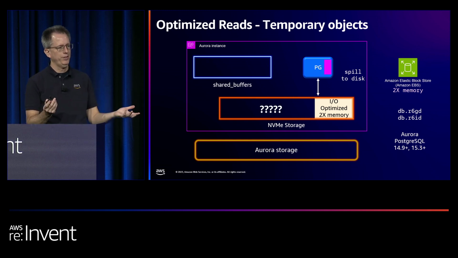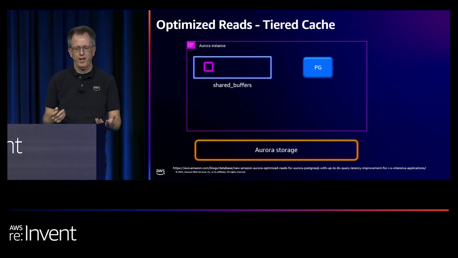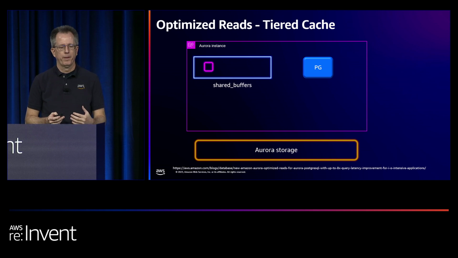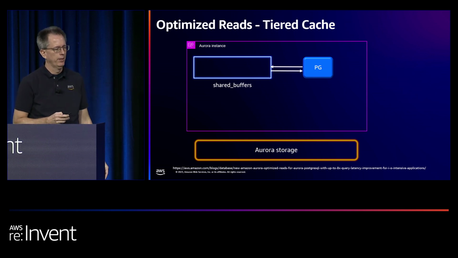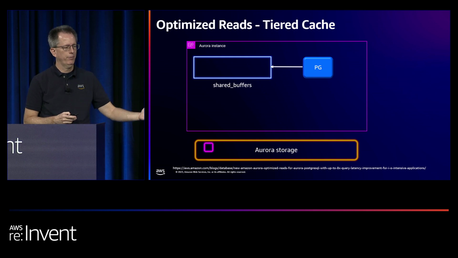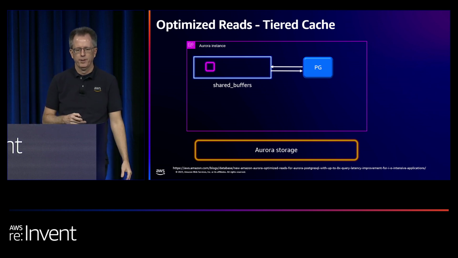So what's the rest used for, you're asking, right? Well, that's the second feature. So that's tiered cache. So regularly in Postgres, if you're doing a read from buffer, like if it's in the shared buffer, you do this read, you get the answer back, easy, right? If it's not in the buffer, it has to come from storage, takes a little longer, and then comes back to the Postgres process, right? That's how it always worked.